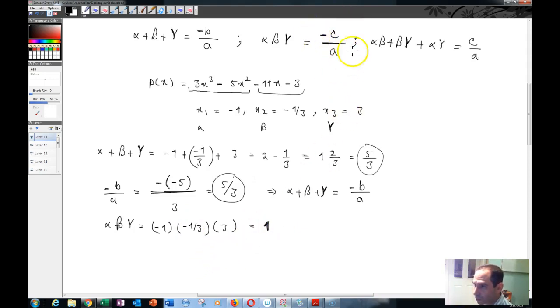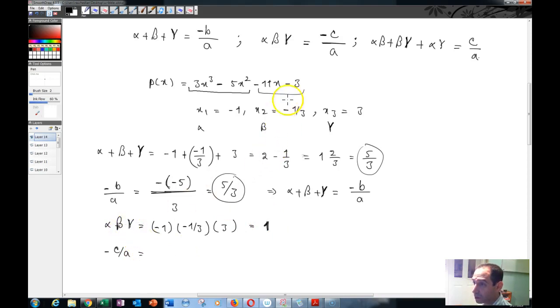And that's supposed to be equal to -c by a. Now -c by a is equal to, here, a, b, c. That's positive 1/3 times 3 is equal to +1.